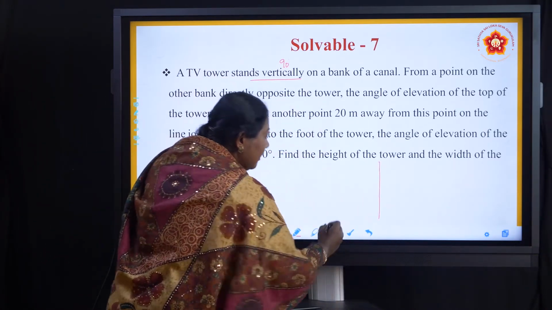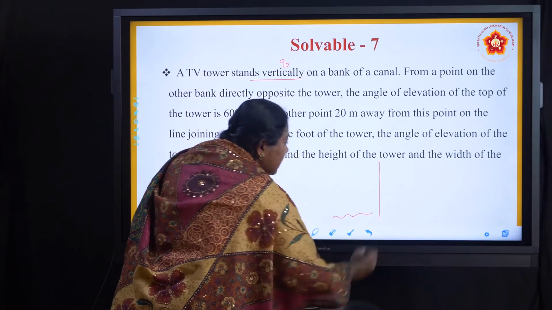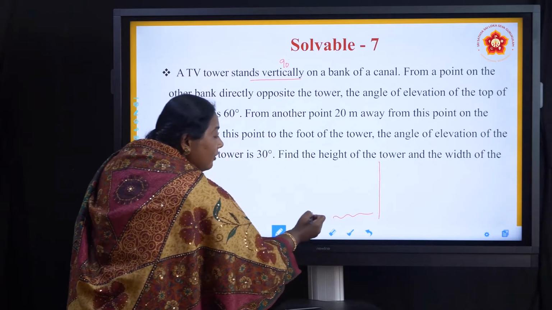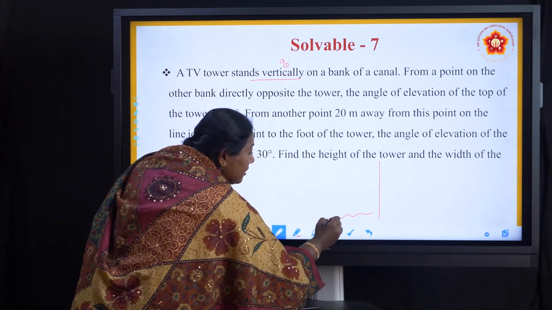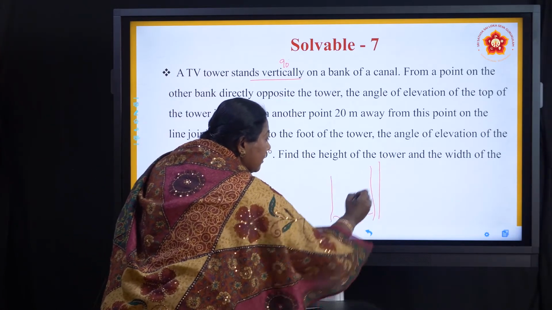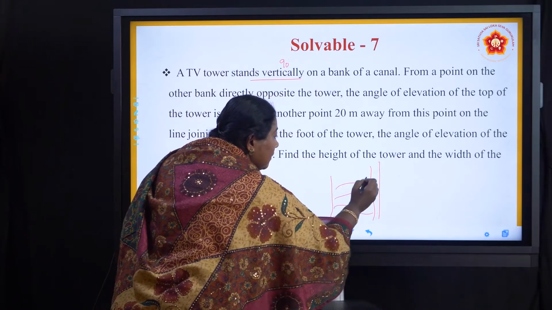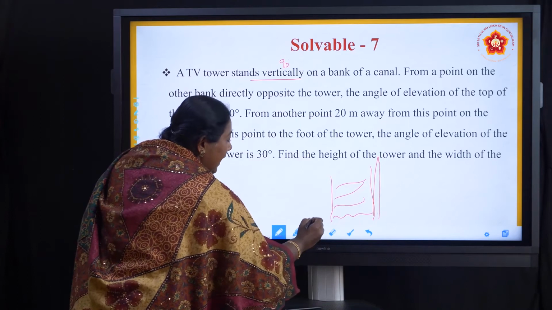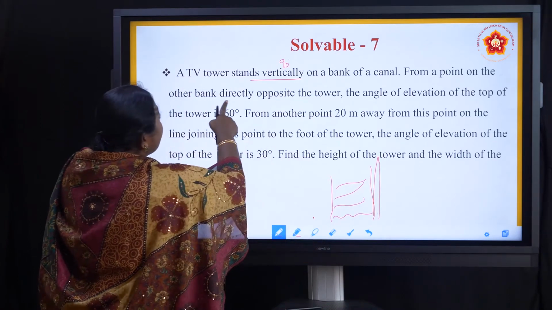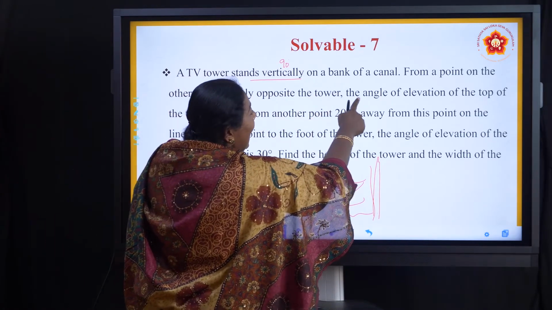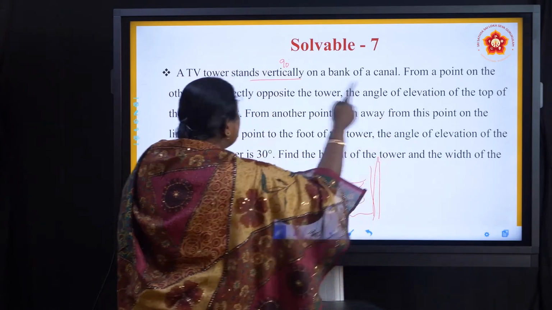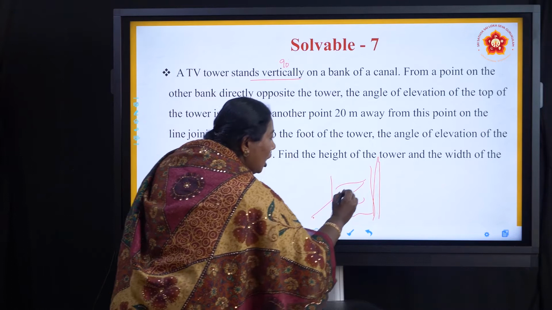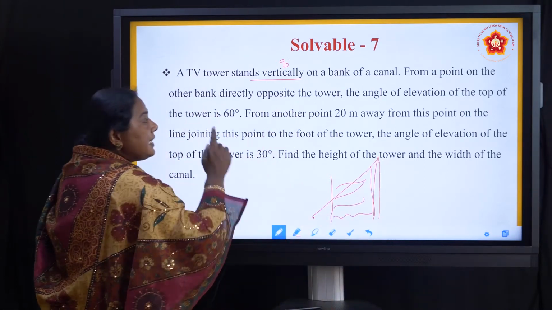So the tower is there and a canal is there. The tower is on one side and the point where we are standing is on the other. So it is the canal here, right? This is the tower. So I am standing here, directly opposite to the tower. The angle of elevation of the top of the tower is 60.